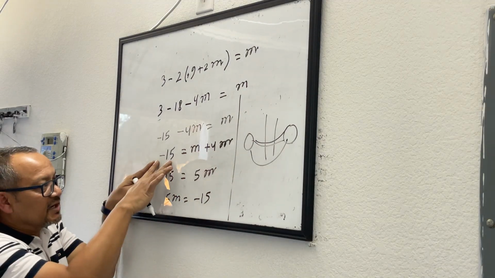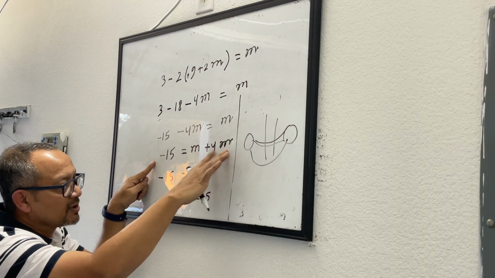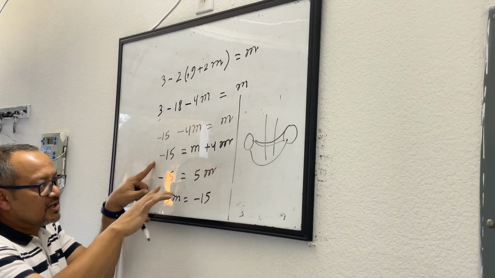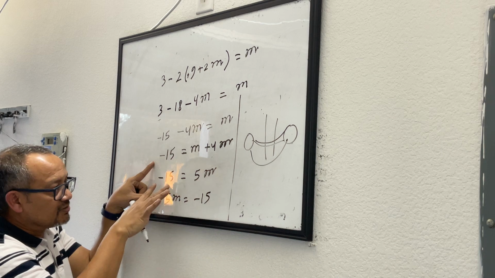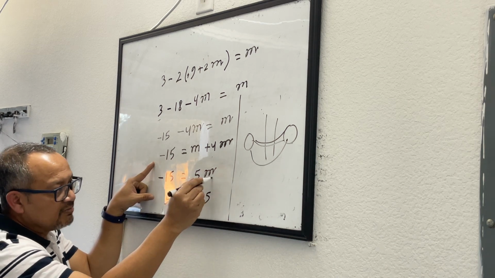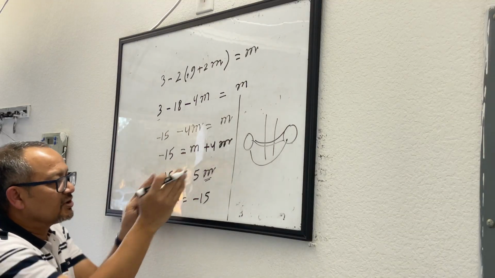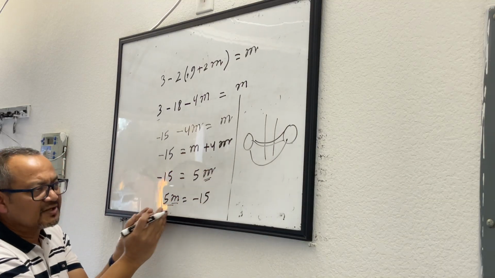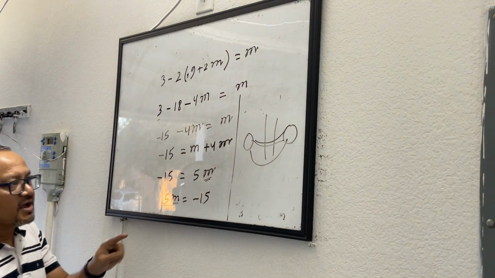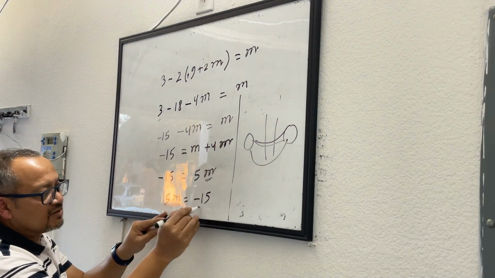So minus 15 is equal to 1 monkey plus 4 more monkeys, 5 monkeys. So 5 times the monkey is equal to minus 15. I'm just rewriting it, okay? This equal to this, or this equal to this, I'm writing it this way just for ease of reading. So 5 times m is equal to minus 15.